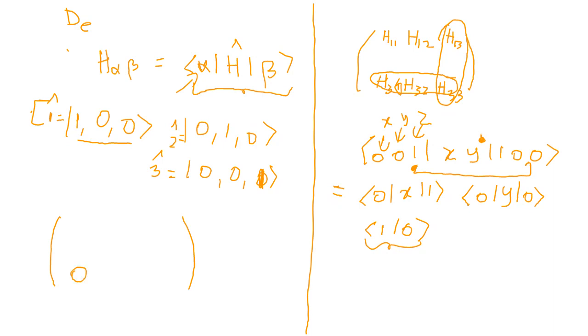Similarly, for the other one, if I had chosen 3 and 2, let me just change the color. So if you wanted H32, you look which one is 2, it's 0, 1, 0. So here it will be 0, 1, 0. But it doesn't matter.